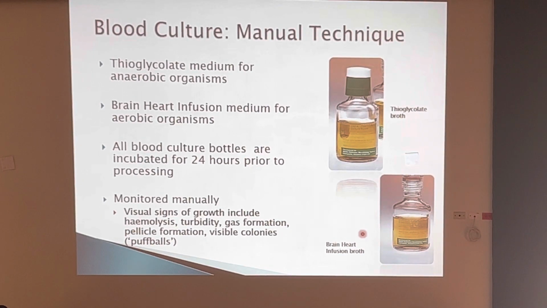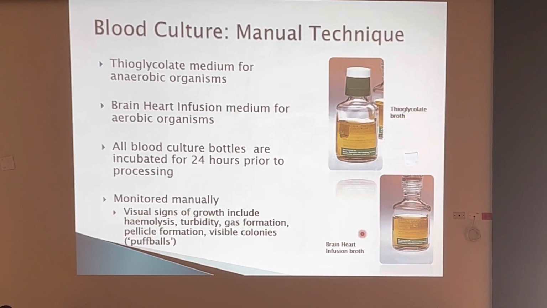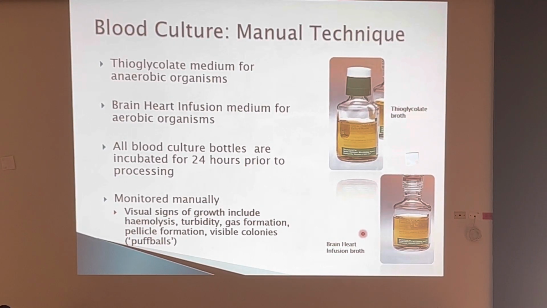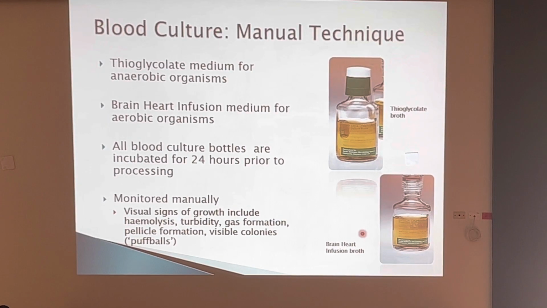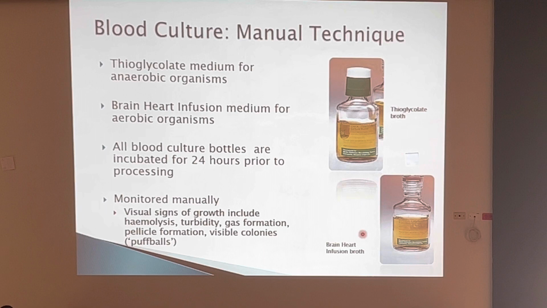We may see gas formation; there are some bottles especially made for detecting gas formation. We may have what is termed pellicle formation, which is like a skin or a thin layer of growth just on the surface. Or sometimes we can observe visible colonies or puff balls within the media. If we observe that, we're going to pull those bottles and perform our processing.